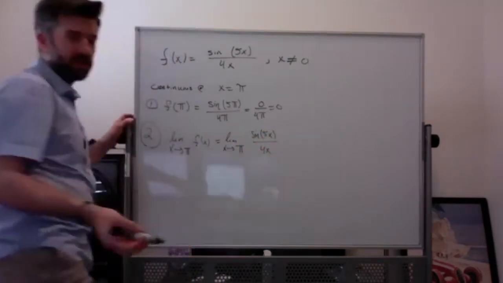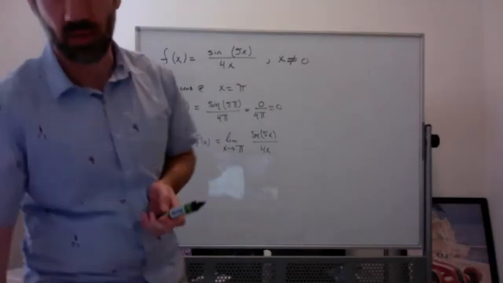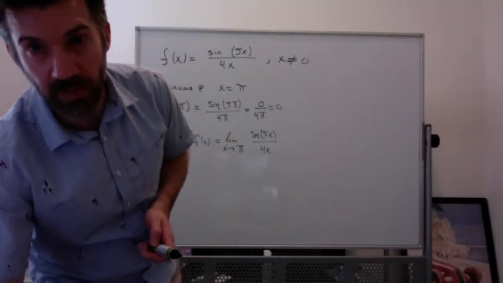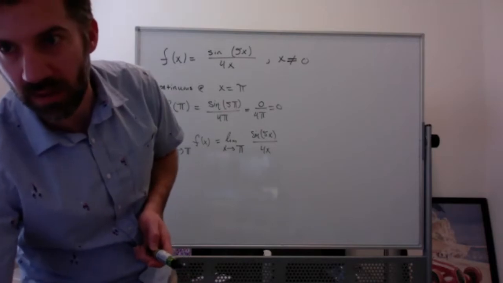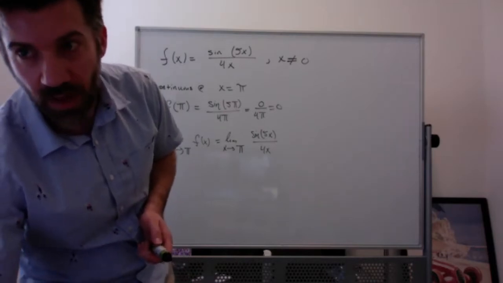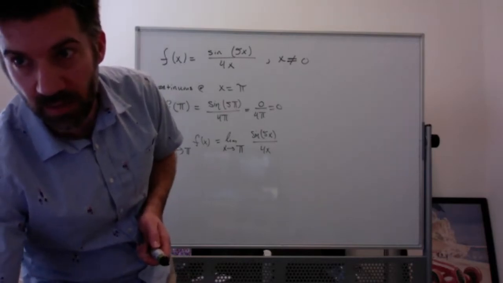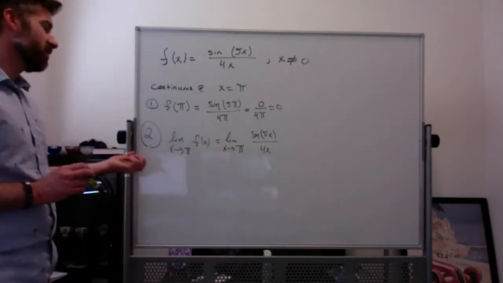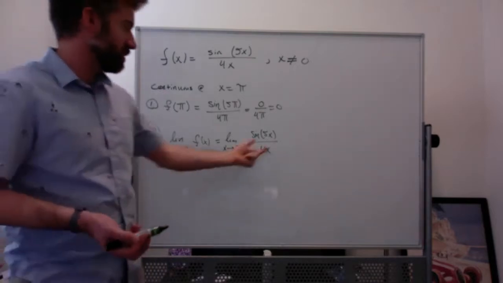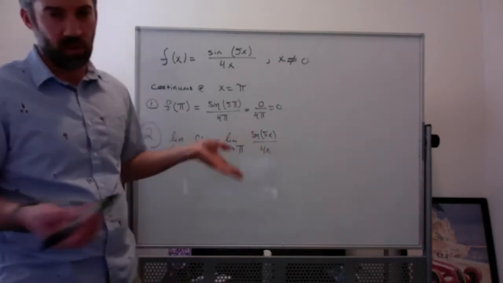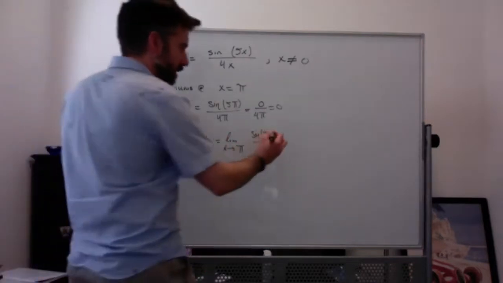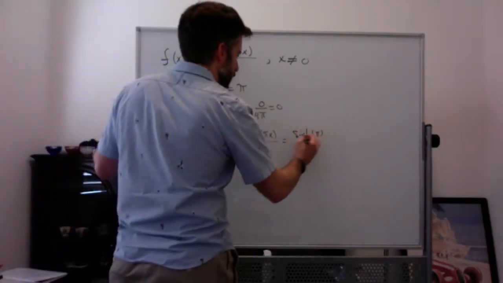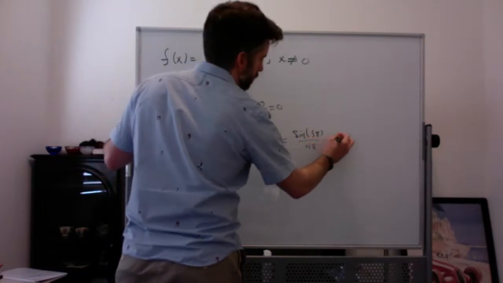Well, again, we have this direct substitution rule. We have this rule that says if you're taking a limit of something and you can just plug it in to get a number out, you do that. Here you can plug in pi and you'll exactly get sine of 5 pi over 4 pi, which is 0.